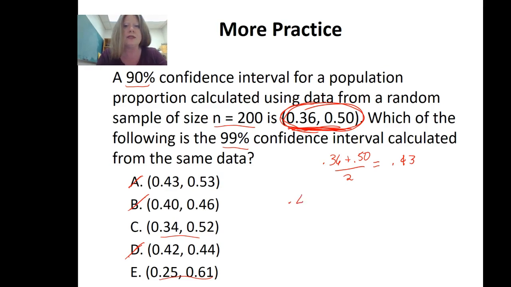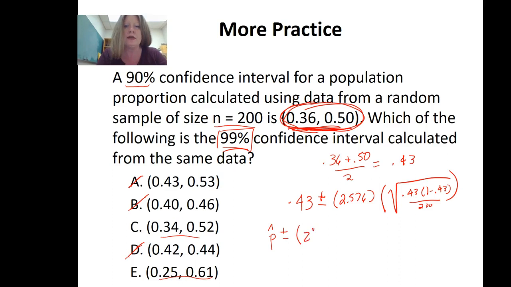So we know our sample statistic is 0.43. From that, we add and subtract the margin of error. Our confidence level is 99%, so we take 2.576, that's our z-star value. And then we take the square root of 0.43 times 1 minus 0.43, divided by 200. I'm hoping that you're seeing that I'm just using that general formula for a confidence interval for a proportion here, since I know that I have data in the form of proportions.